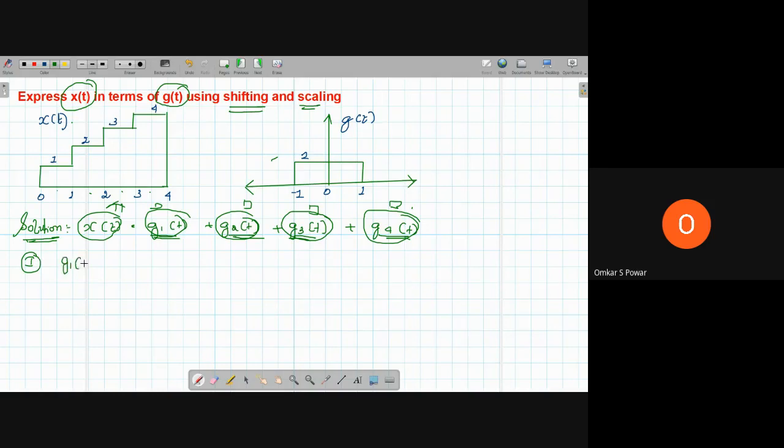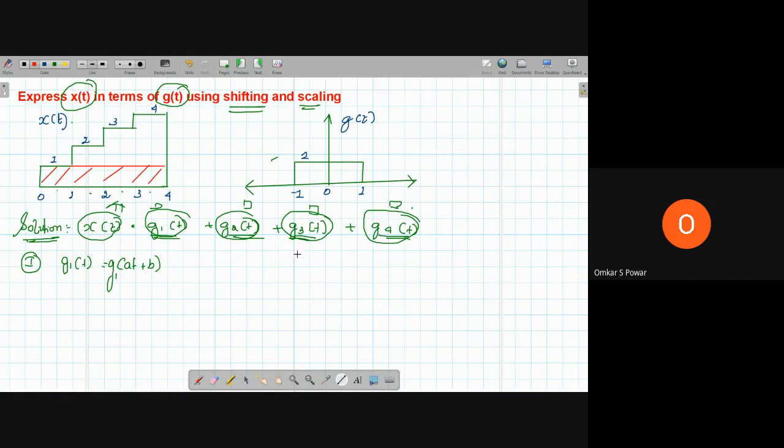Let g1 of t be equal to a t plus b. What is the value of a and what is the value of b? You have to find out. For that, we will take the first section of this signal, whatever I have marked in red.